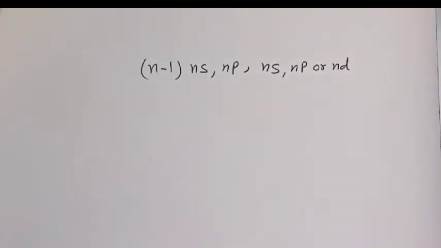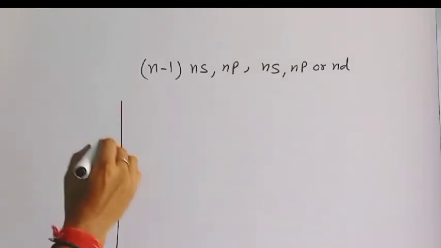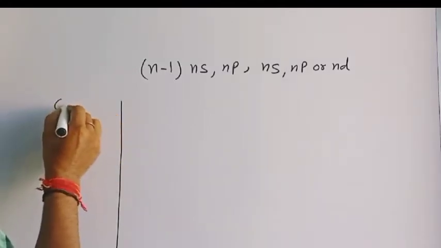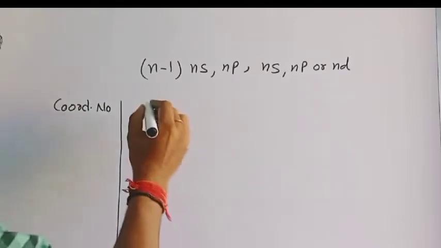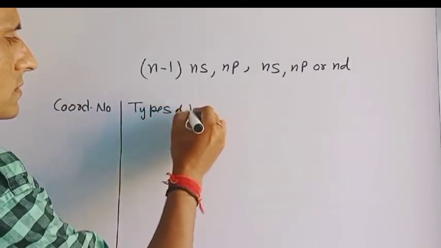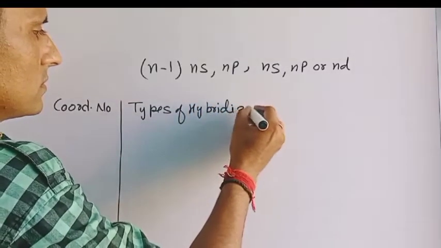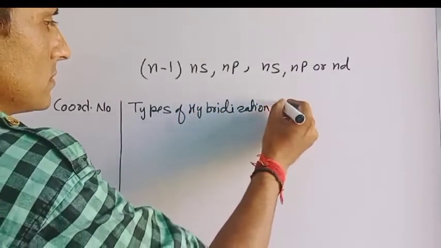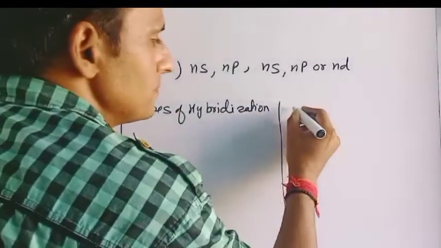This is hybridization. For example, if we draw a table for coordination number, types of hybridization, and shape of hybrid.